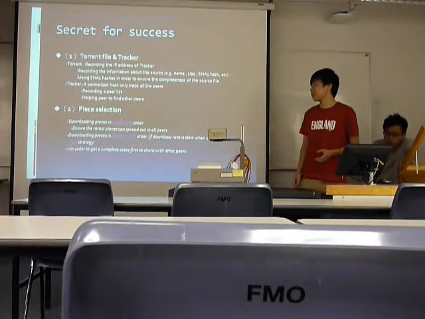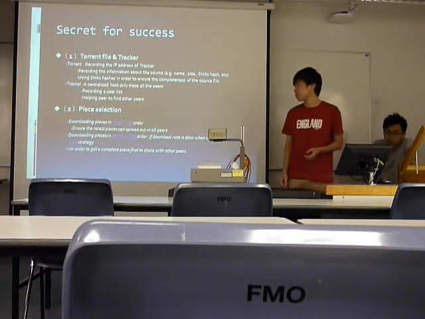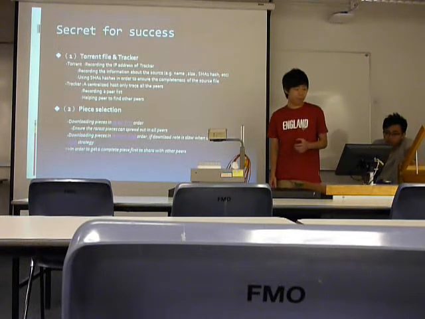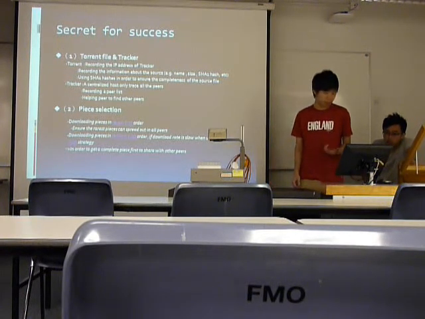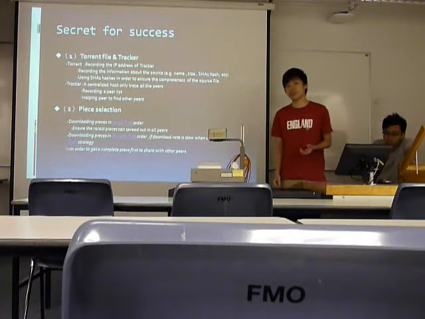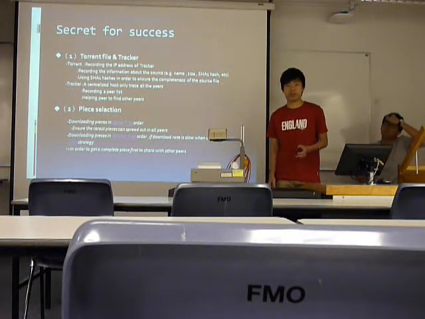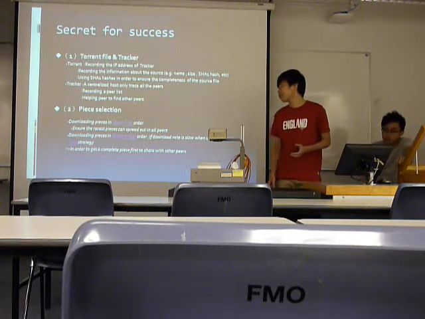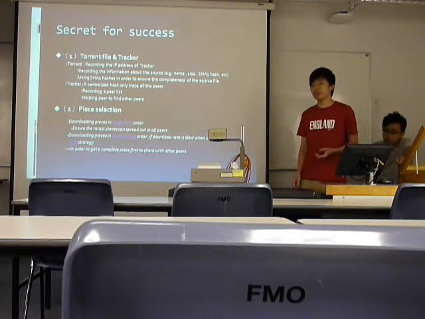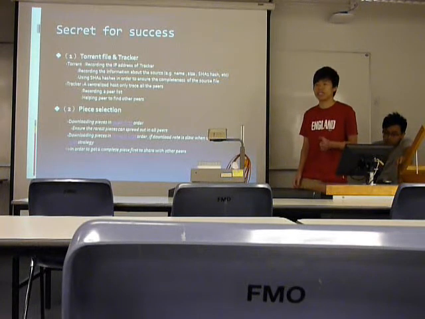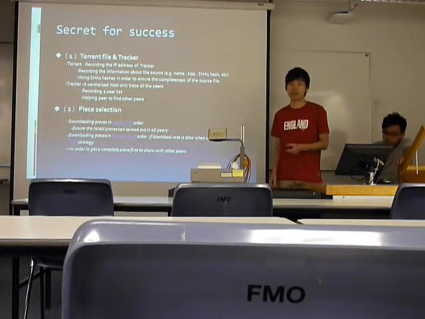Secondly, it's about the piece selection. The basic strategy for BT is to let the peers download the pieces in rarest first order, which means when you want to download an MP3, you will download the pieces which are held by the least number of peers.